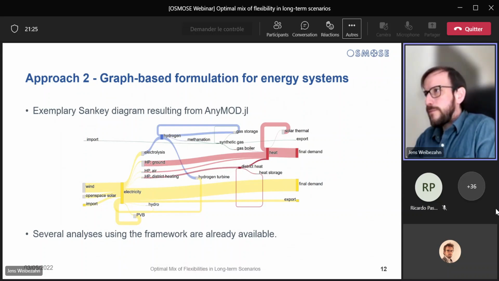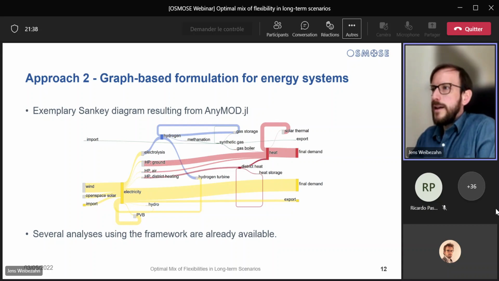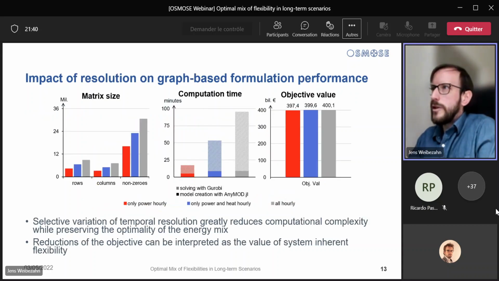In total, we have in a concrete model used within this framework more than 120 different technologies included. And there have been a couple of papers already written on this that we can refer you to for further information.